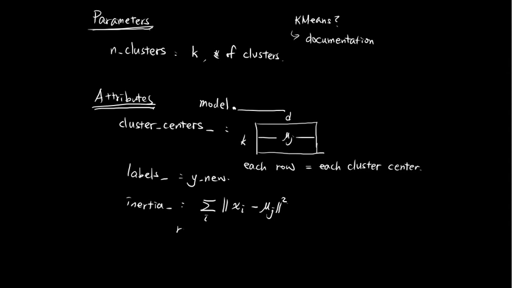And here we run through all points. Once you pick a particular xi, then j is the label of xi, and mu j is the center of this cluster.